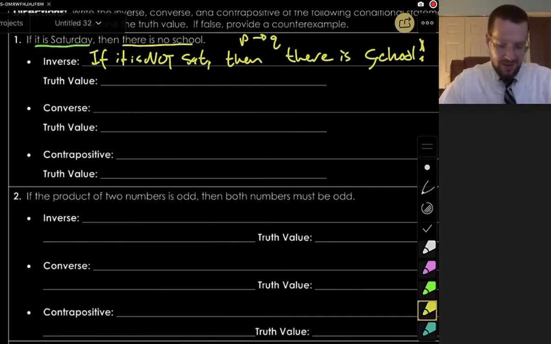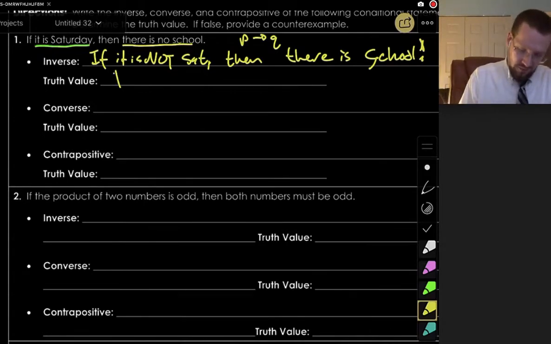And we can examine, is that true? If it's Saturday, then there is no school. But if it is not Saturday, then there is school? No, because there's no school on Sunday.